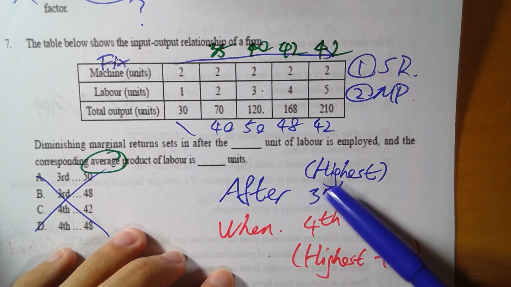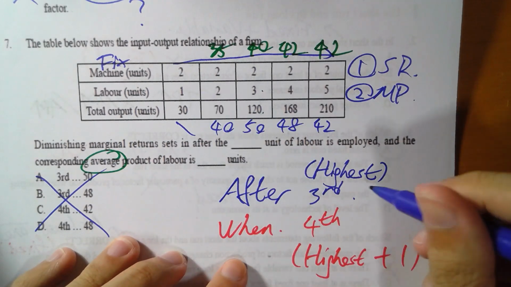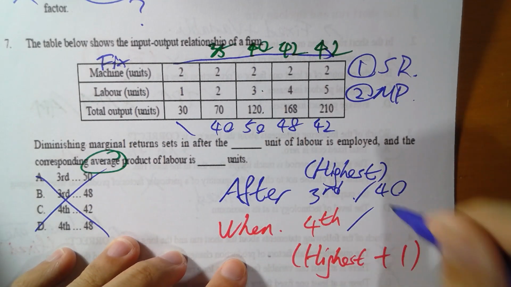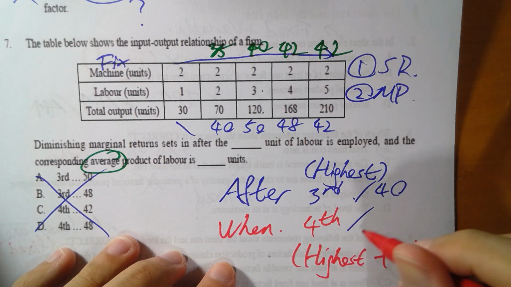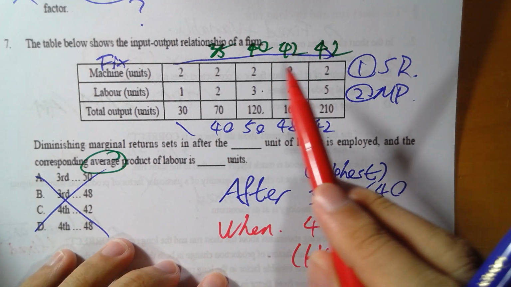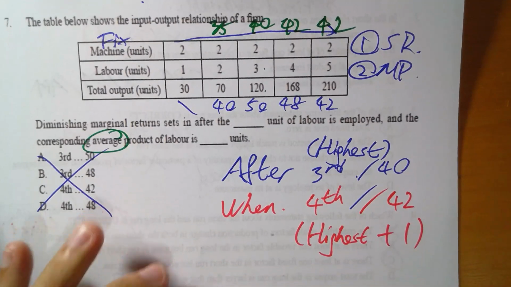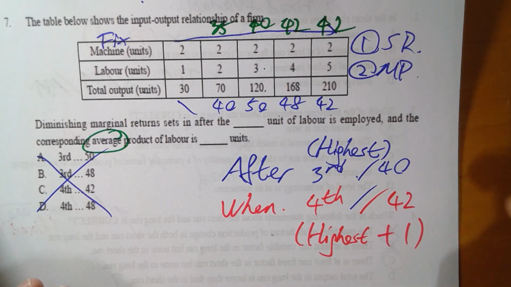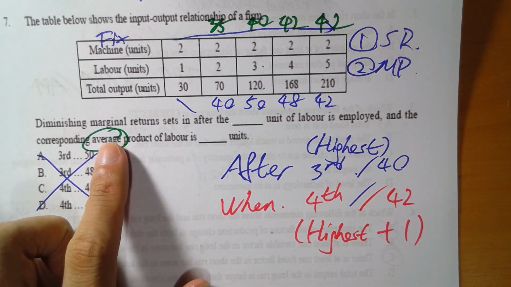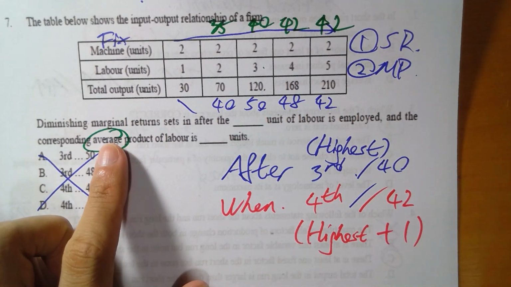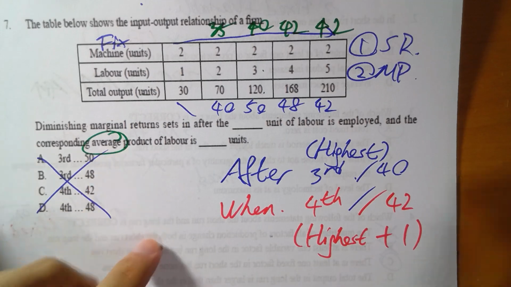So after the third unit, average would be 40. When the fourth unit, average would be 42. Okay, right? Not too difficult, not too difficult. You only need to be careful with these words: average, marginal, total. Okay, so let us move on.